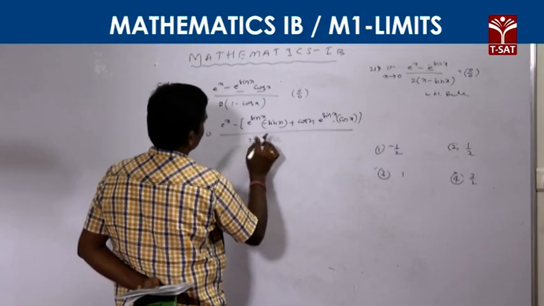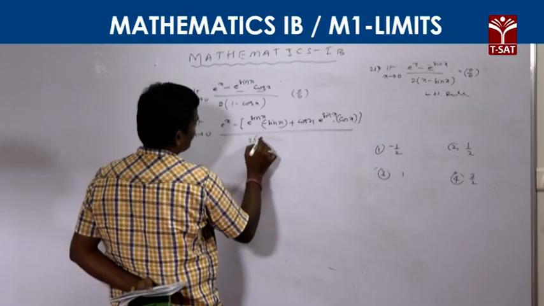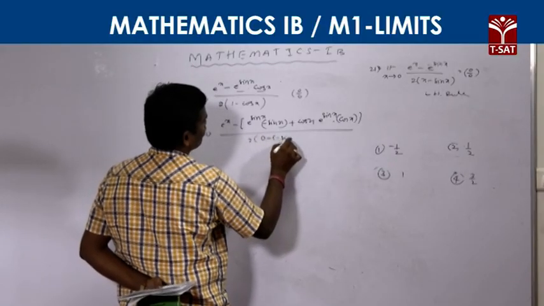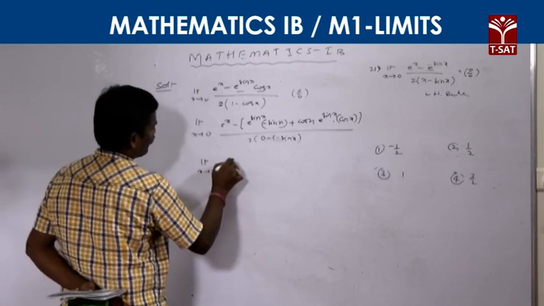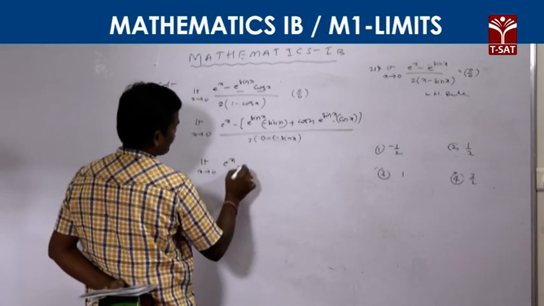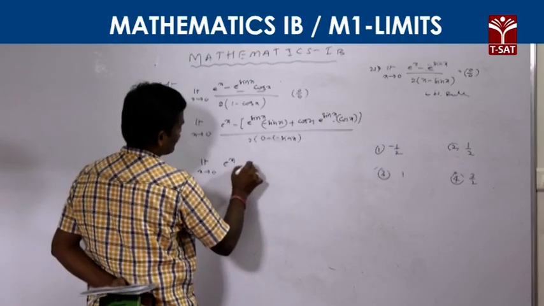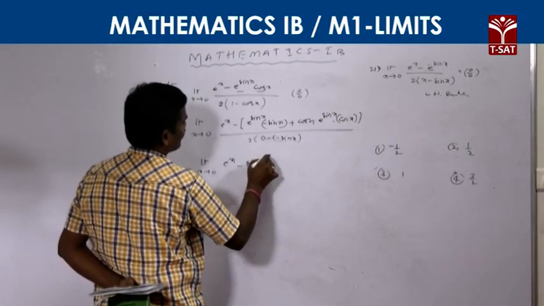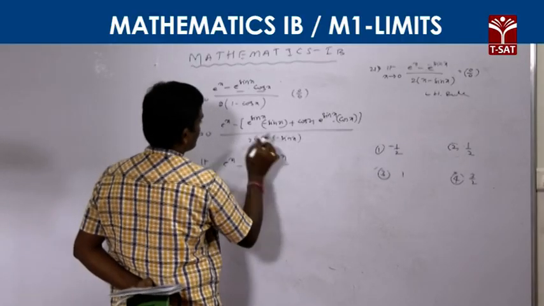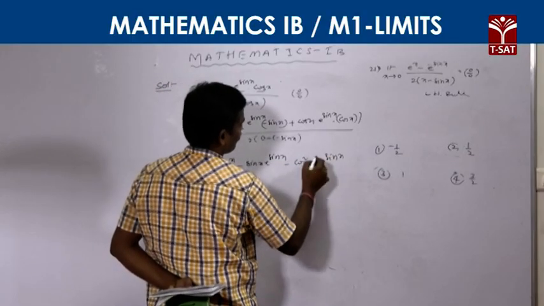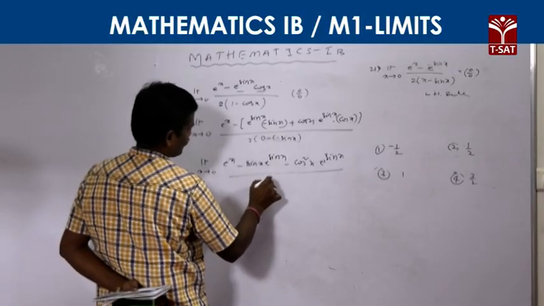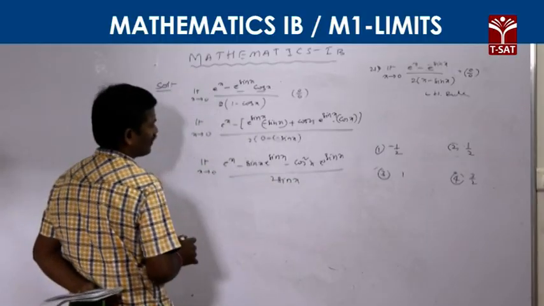Cos x derivative is minus sin x, so 0 minus of minus sin x. So limit x tends to 0, e^x plus sin x into e^(sin x) minus cos square x into e^(sin x), by 2 sin x. So again 0 by 0 form.